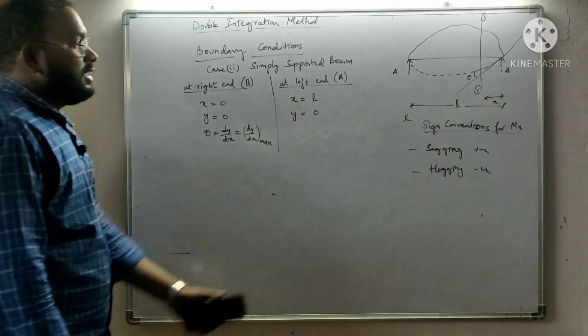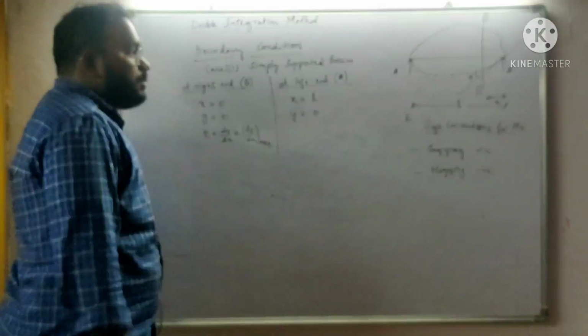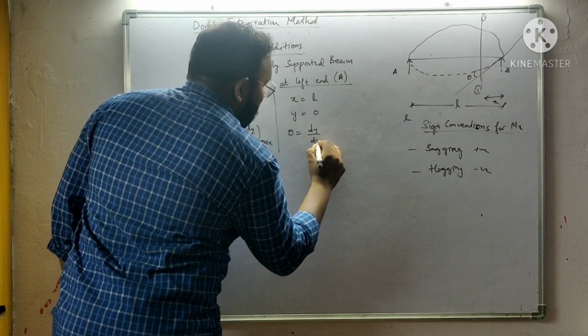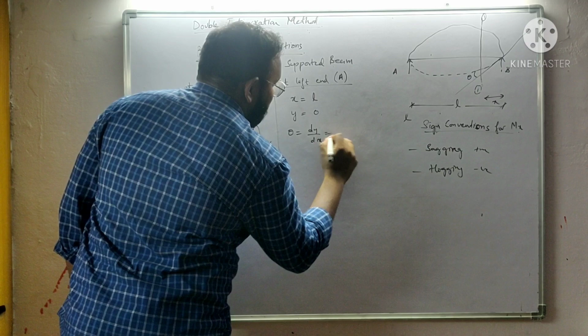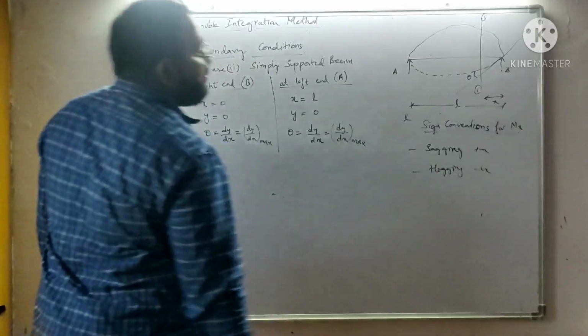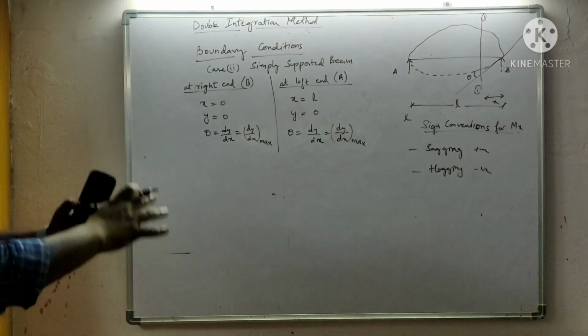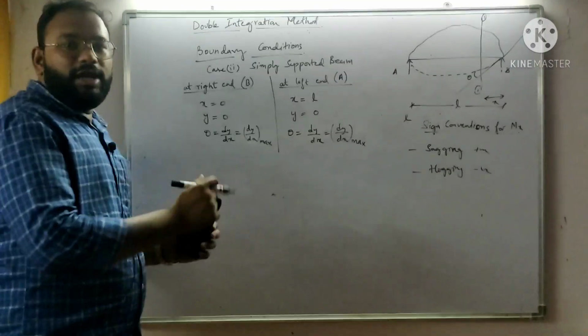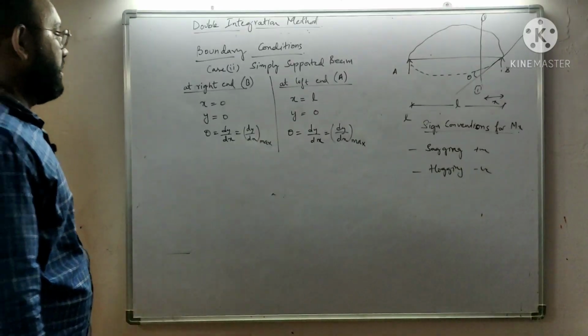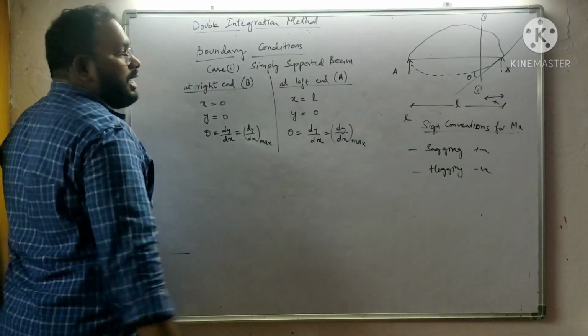Deflection is again 0 here, because it is a support. Now what about theta? Theta is dy by dx, which is again dy by dx maximum. In a simply supported beam, you have deflection 0 at the ends and slopes are maximum at the supports.